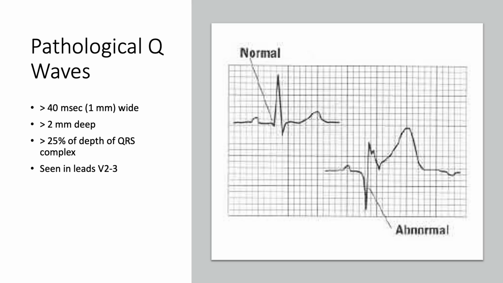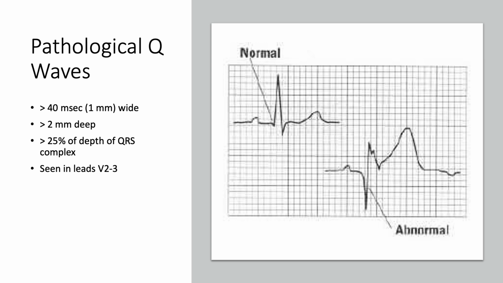So what are pathologic Q waves? Because not all Q waves are pathological. Not every lead has a Q wave. So if you have a normal Q wave, you can see an example there on the left. It's quite tiny. It's not very prominent. But a pathologic Q wave tends to be considerably bigger.